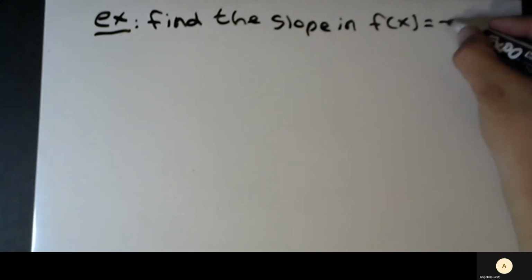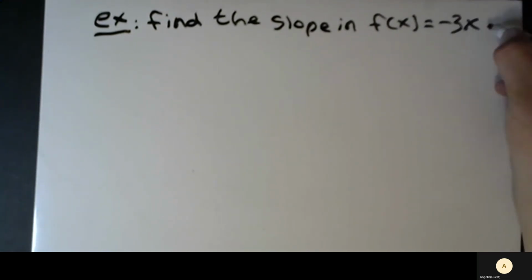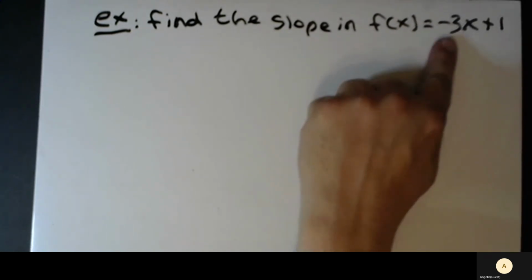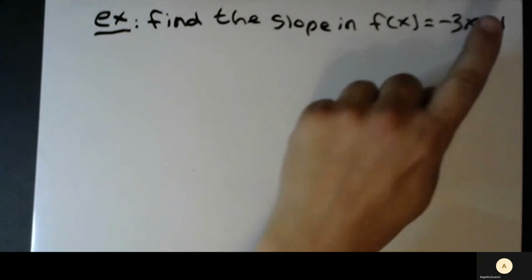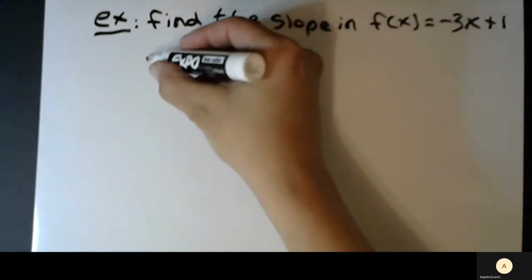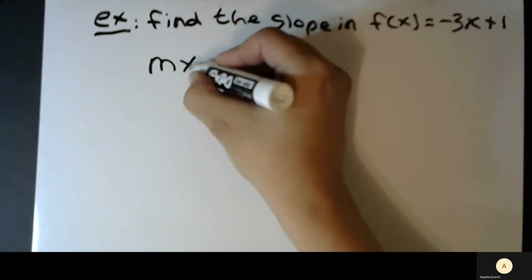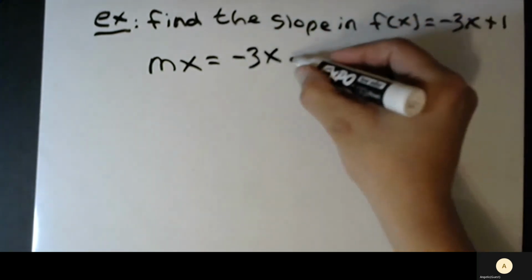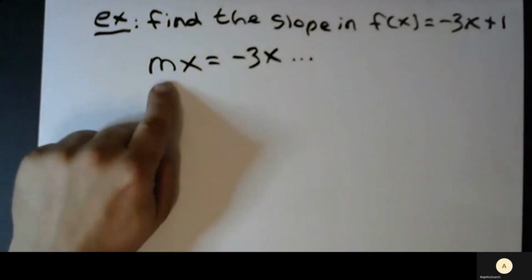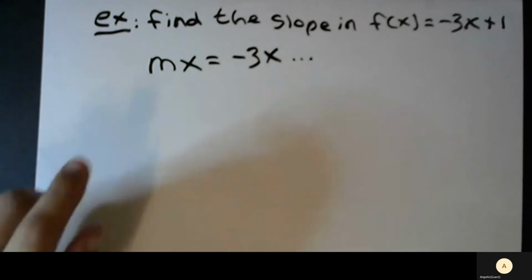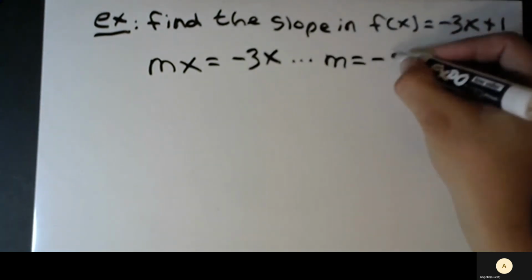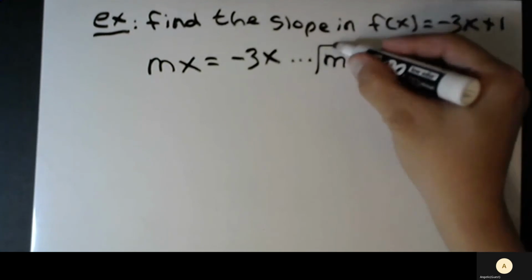Now let's say we have something like this. Again, the slope is going to be the number attached to the x. So mx in this case is negative 3x, and the slope is just the m. We're going to ignore the x. So the slope will be negative 3.